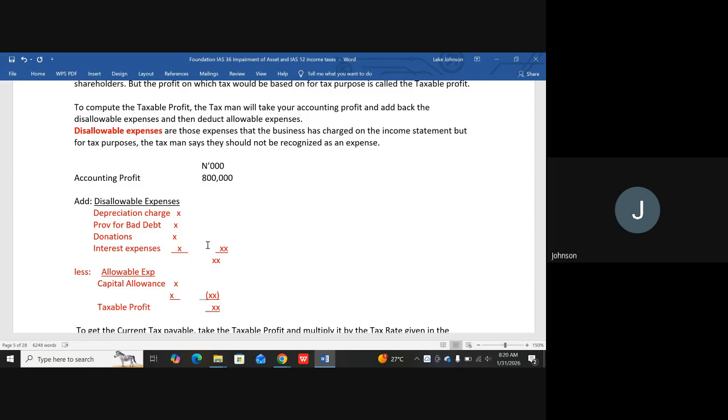Because I use this motor vehicle for carrying goods for my company, I now say that I'm going to charge and reclaim the expense I incurred when I bought that vehicle.